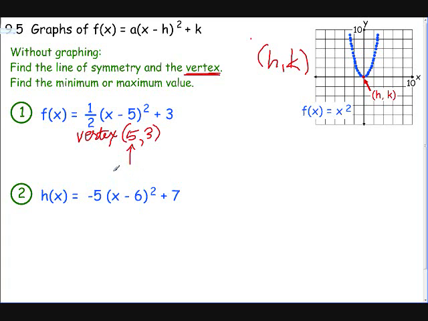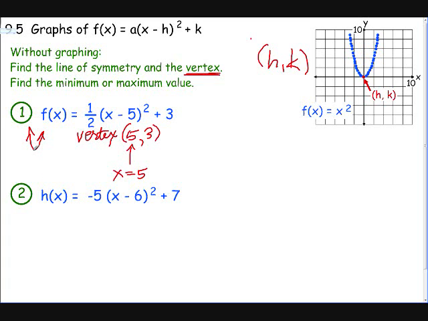Our line of symmetry is always going through the vertex. So our line of symmetry is x equals 5. Because our A is positive, we know that this is a parabola that's opening upward. Had this been negative, it would have been opening downward.